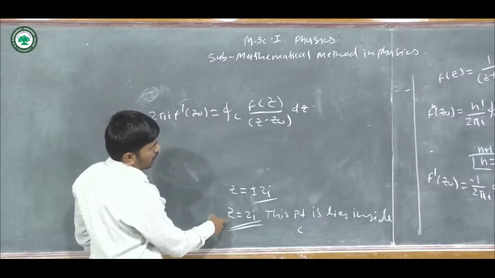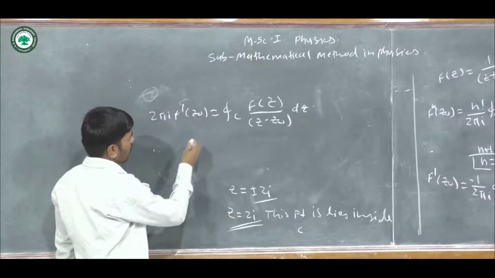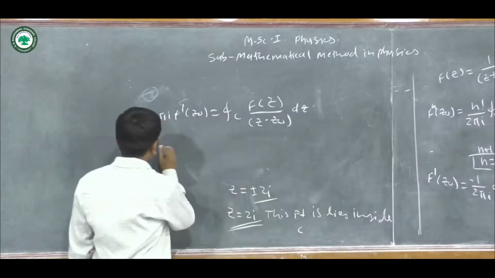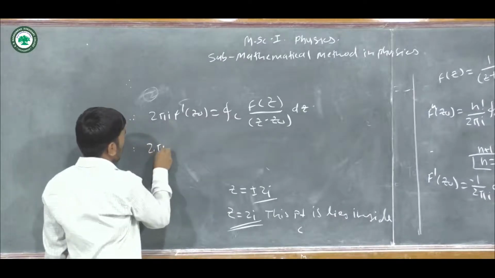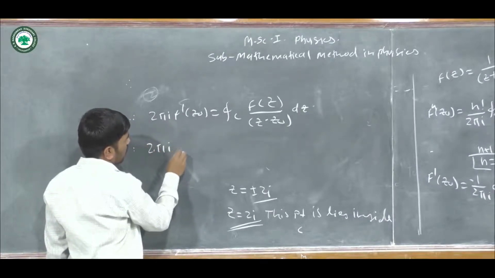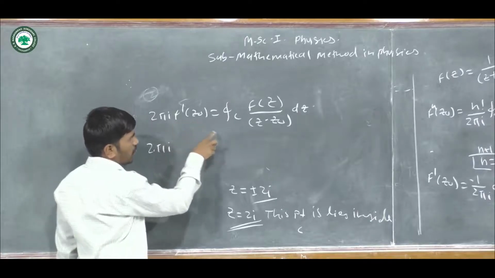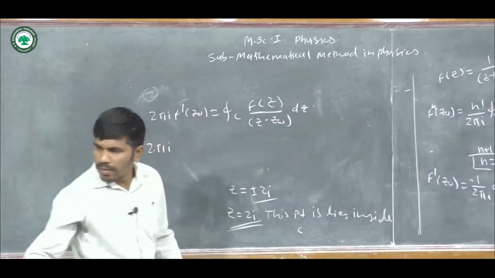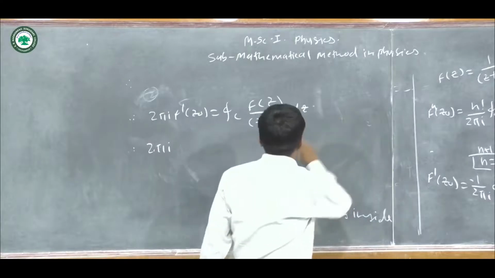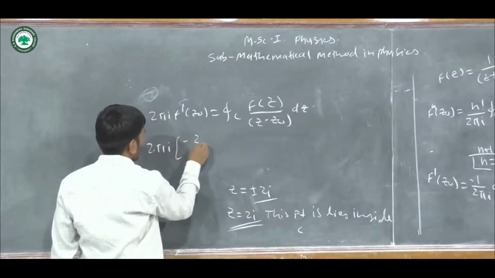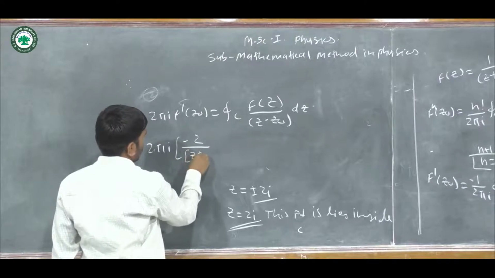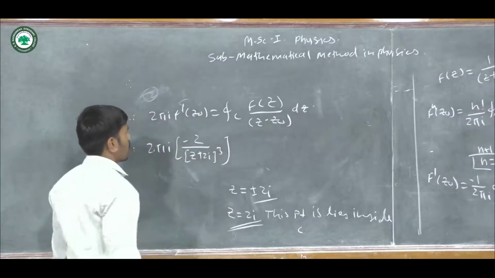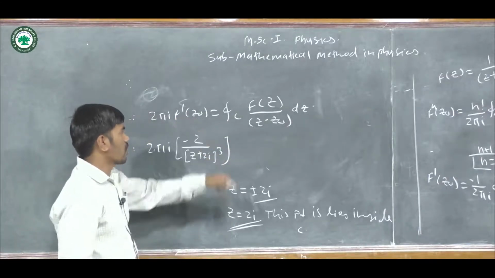We find this for the condition z is equal to 2i, where f of z is equal to 1 by (z plus 2i) whole squared. First I find f prime of z naught for this function.